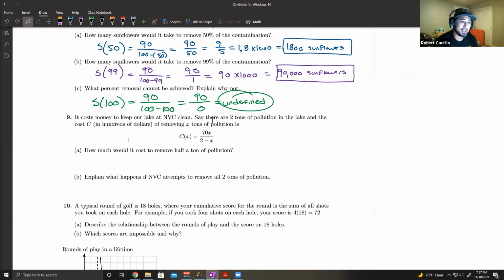Say there are 2 tons of pollution in the lake, and the cost C in hundreds of dollars of removing x tons of pollution is C of x equals 70x over 2 minus x. How much would it cost to remove half a ton of pollution? If x represents tons of pollution, and we want to remove half a ton, what number would we plug in for x?